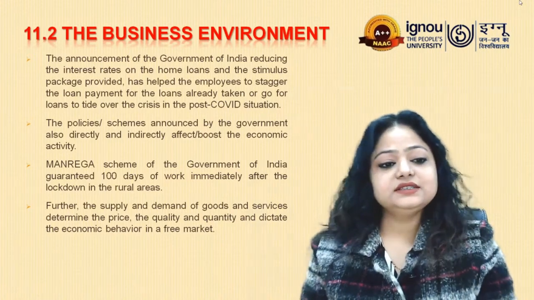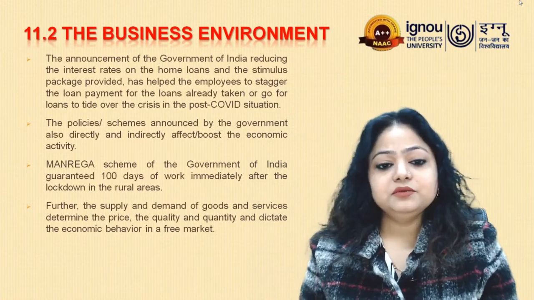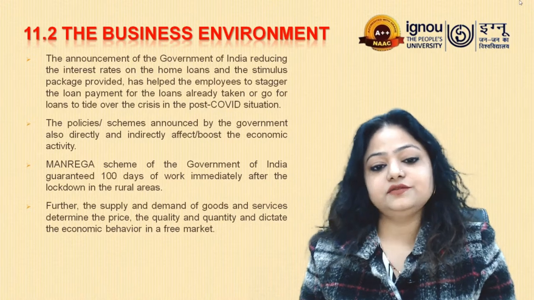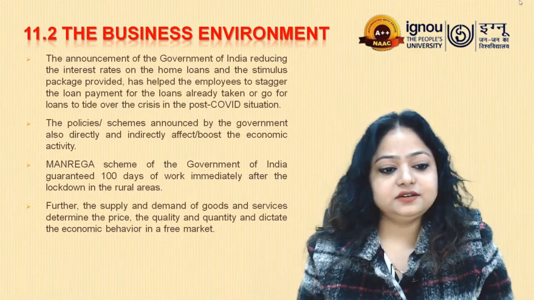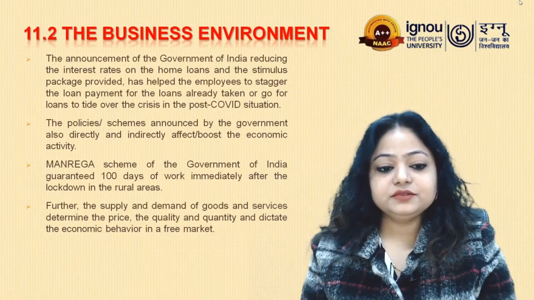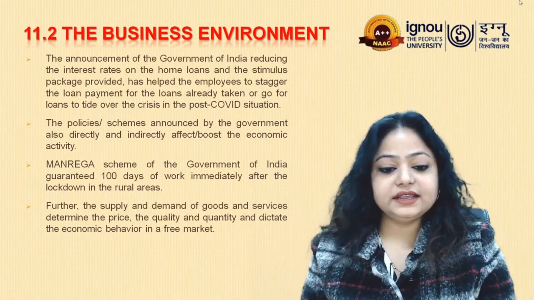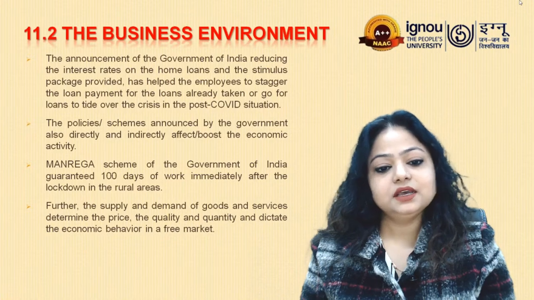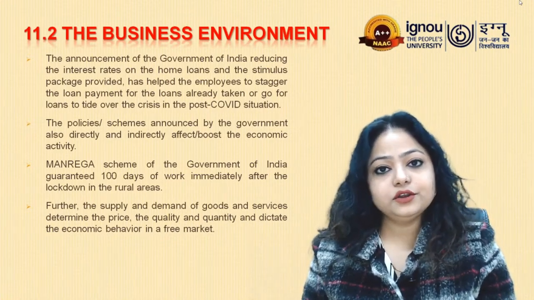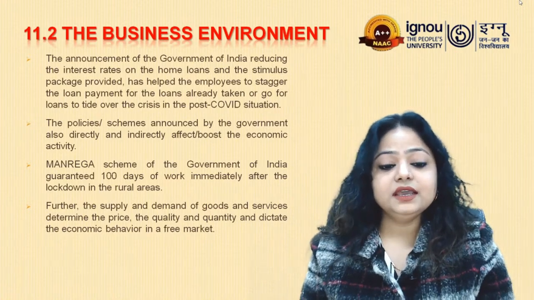Another example is the MGNREGA scheme by the government of India, which guaranteed 100 days of work in the rural areas immediately after lockdown. Further, the supply and demand of goods and services determine the price, the quality, the quantity, and dictate the economic activity level in the free market.